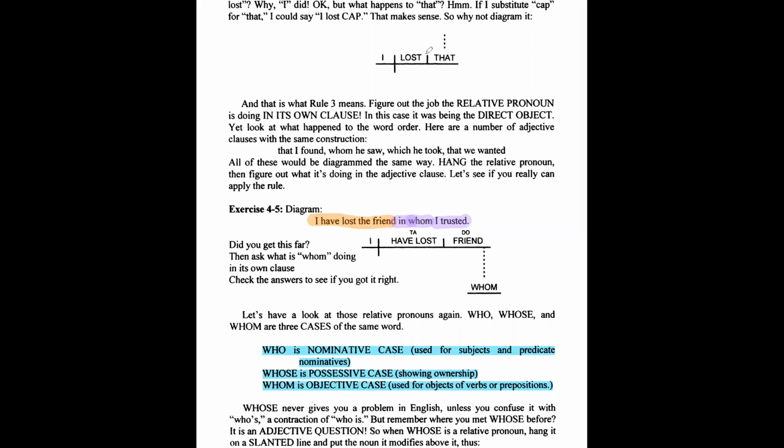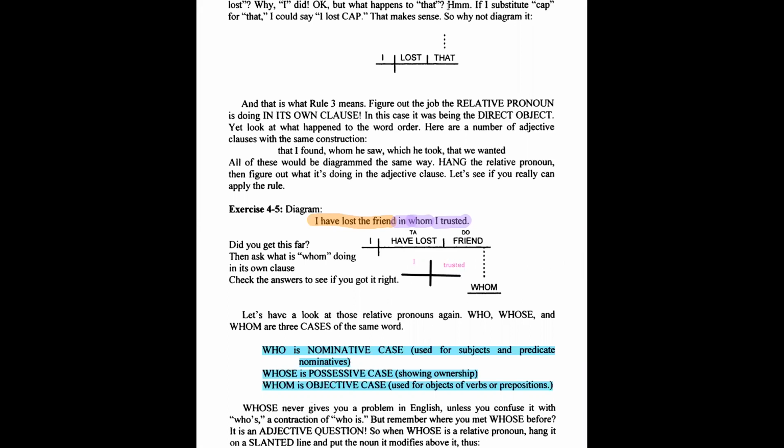Okay, so she's diagrammed the first. I have lost the friend. Okay, but what about in whom I trusted? Okay, we'll diagram first the subject and the verb. We have the I and then trusted.